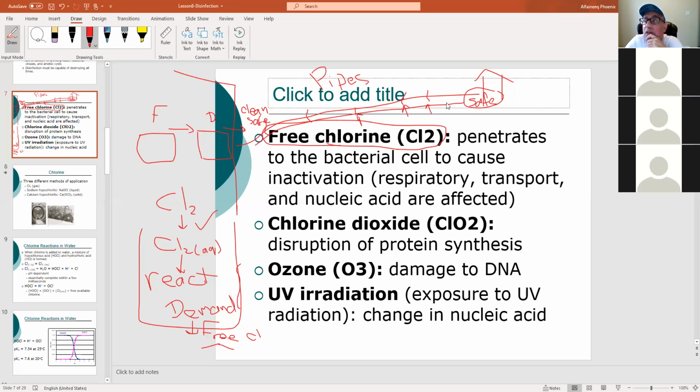So this is why we like chlorine. It stays in the system. It's like a safeguard, if you like this word. Chlorine residual stays within the system itself. Ozone doesn't have that ability, and UV radiation also doesn't have that ability.